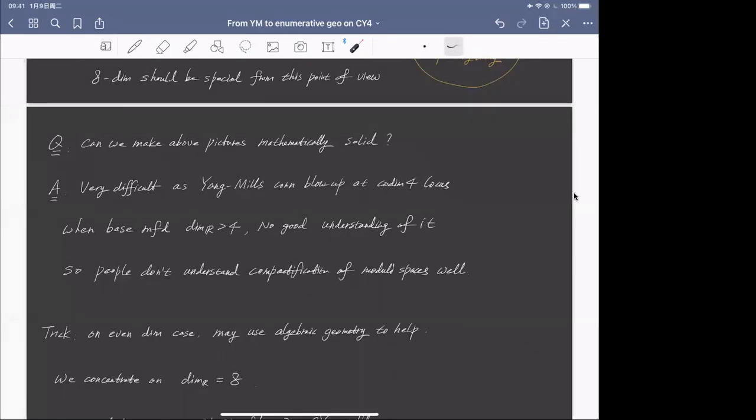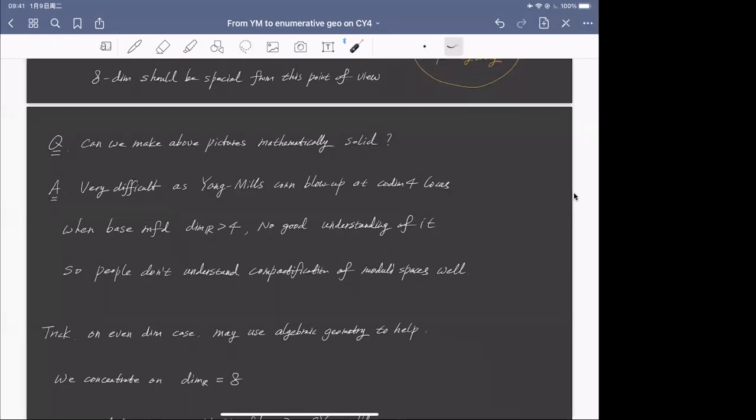Can we make the above pictures mathematically solid? This is actually a very difficult question, because Yang-Mills connections usually blow up at a codimension 4 locus. This means that when the base manifold has dimension bigger than 4, there's no good understanding of it. In the real 4-dimensional case, the blow-up locus is just a set of points, so understanding this is not so difficult.